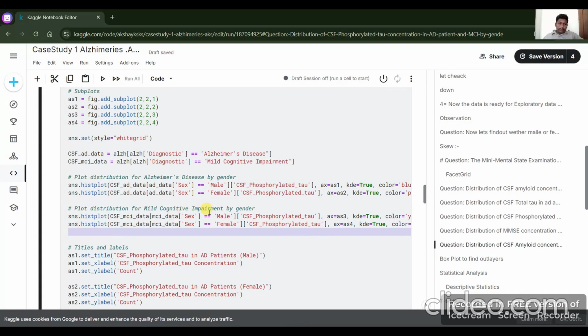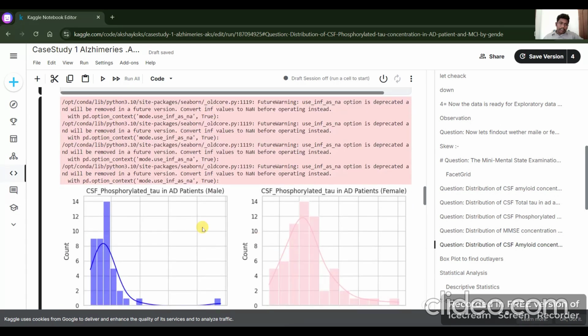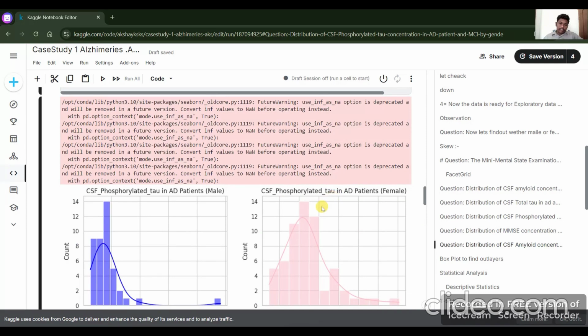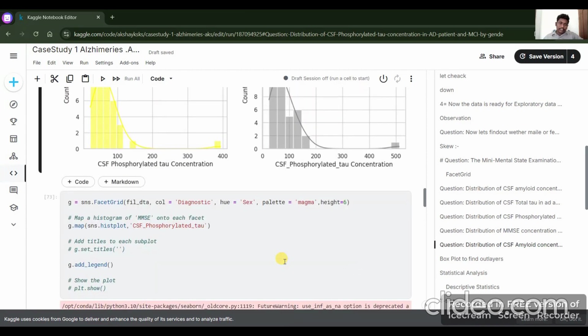Plot the distribution of MCI by gender. This is to check the graph. We can see the CSF phosphorylated TAU in Alzheimer's disease, the male percentage graph and the female percentage graph, and there is variation you can see.